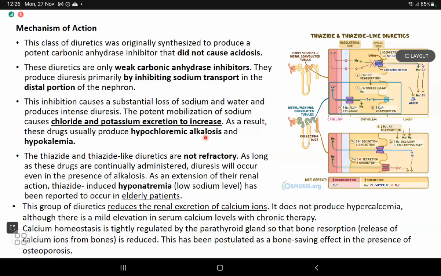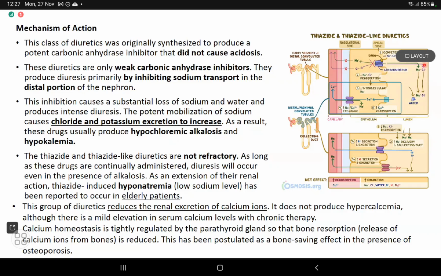Once you inhibit your sodium transportation, then you will cause chloride and potassium excretion, which is listed in the figure here. So as a result, you might have hypochloremic alkalosis and hypokalemia. These are the two scenarios that might happen if you use this drug for long term.